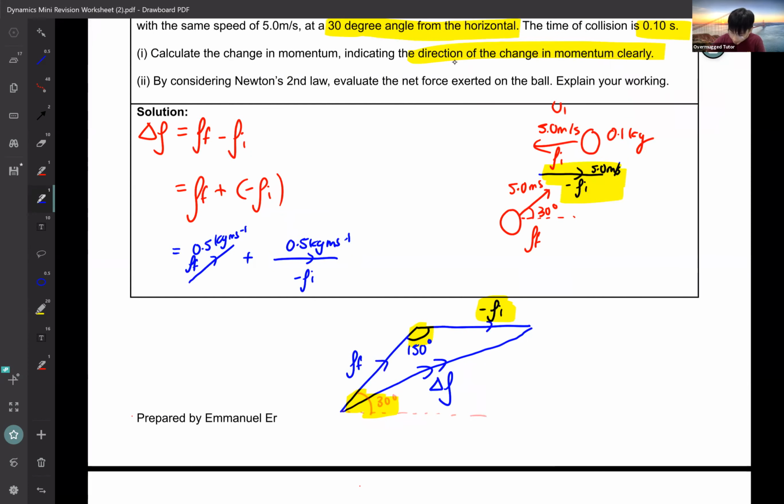I'll label very clearly that this is 0.5, this is also 0.5. You want to now find out the change in momentum. How do you do that? You have to use the cosine rule.